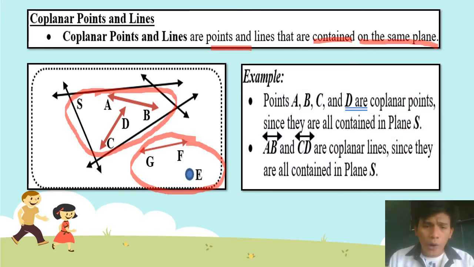Therefore, points A, B, C, D are coplanar points since they are all contained in plane S. Line AB and line CD are coplanar lines since they are all contained in plane S. Am I understood?